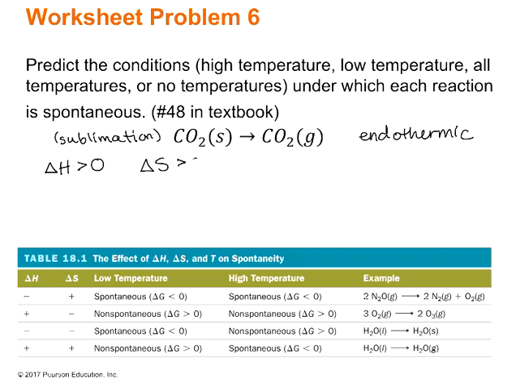Positive. So entropy is increasing. Okay, so if we look at our chart, we have a positive enthalpy and a positive entropy. So that's the last row. So this is a temperature dependent situation, and we're told in the chart that delta G will be negative, or the reaction will be spontaneous at high temperature.